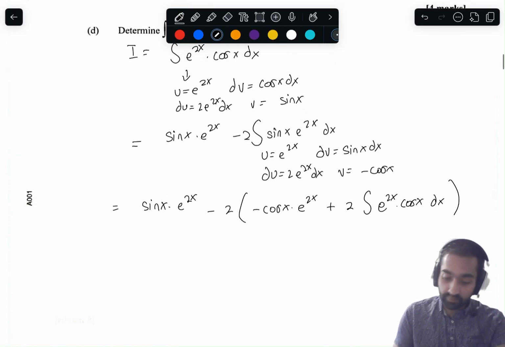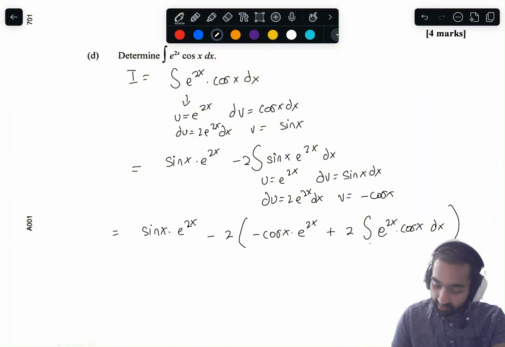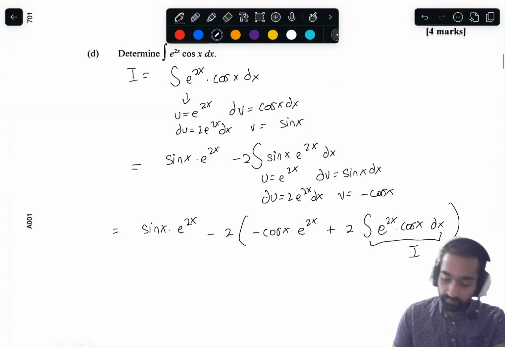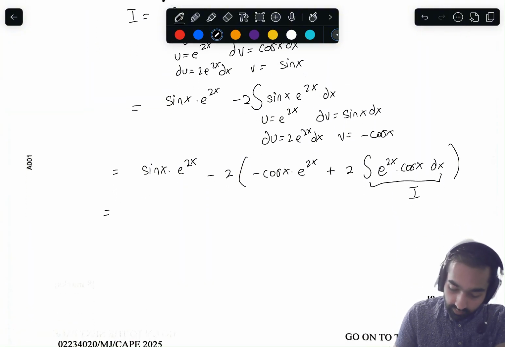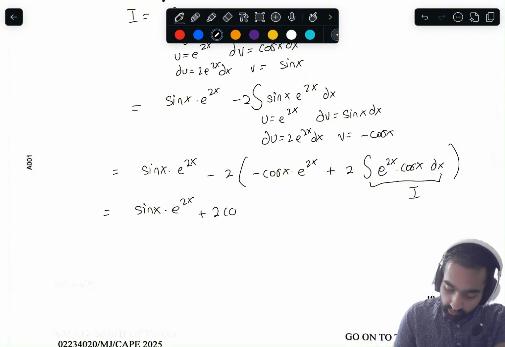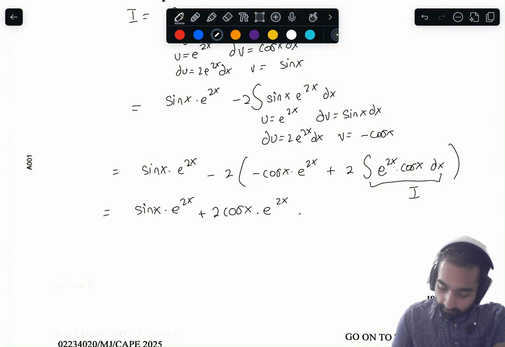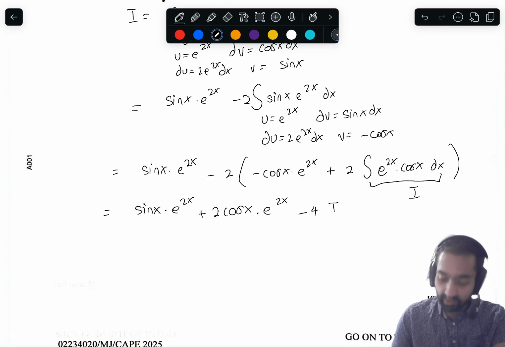But the beauty is, remember, I is this integral. So this here now is just I. So if I simplify all of this, it's going to be sine x times e to the 2x plus 2 cosine x times e to the 2x, and then minus 4I, right?